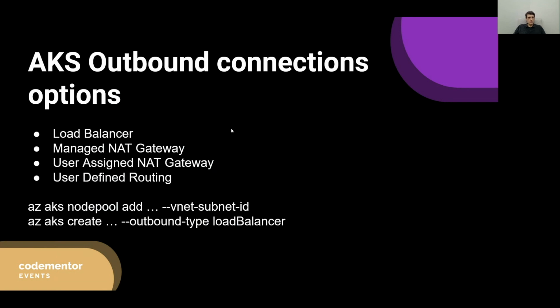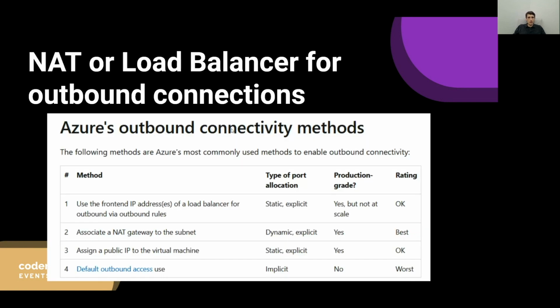So what's the difference? Let's go to Azure documentation. Actually, it's documentation on outbound traffic in general, not especially Kubernetes. There is one type that is not recommended at all, there is one type that can't be used with Azure Kubernetes, and there are 2 types that are actually okay or best.